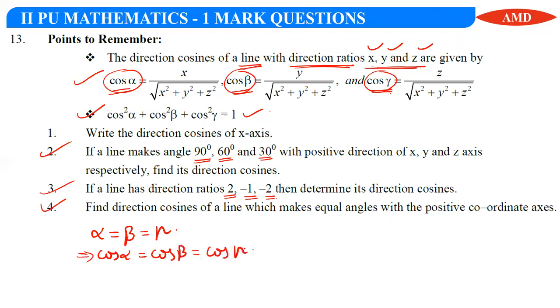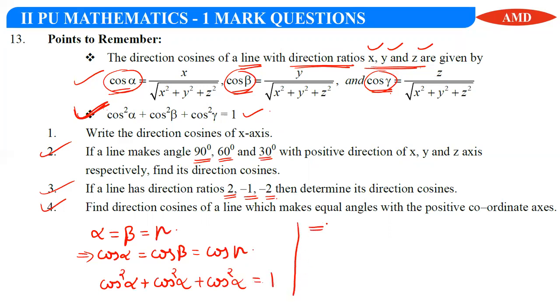So if I find cos alpha, that is enough, I would get all three values, isn't it? Since all three are equal, using the second formula, I'm going to write cos square alpha plus cos square, instead of beta, I'm writing alpha itself since they are equal, plus cos square gamma, but instead of gamma, I'll write alpha itself, which is equal to 1.